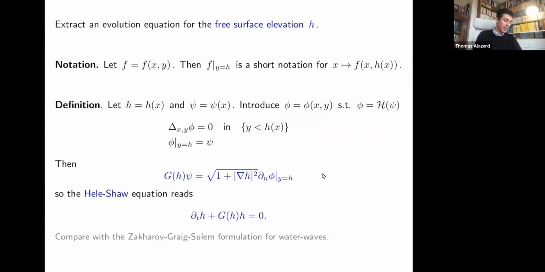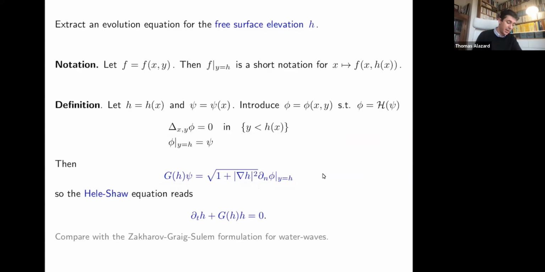Then, by definition, the Dirichlet to Neumann operator G(h) is defined as follows. G(h) of psi is equal to the normal derivative of phi evaluated on the free surface multiplied by this factor, the square root of 1 plus gradient h squared.